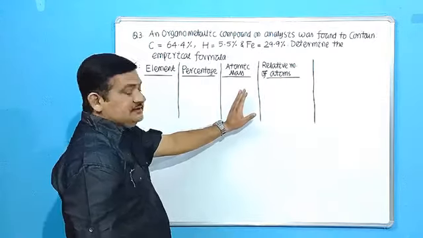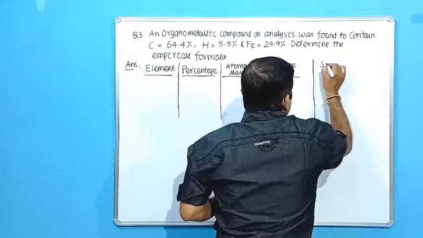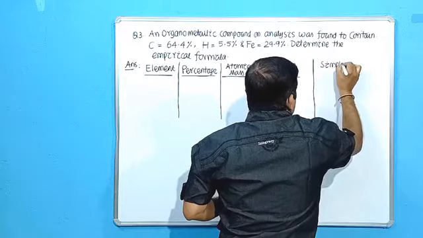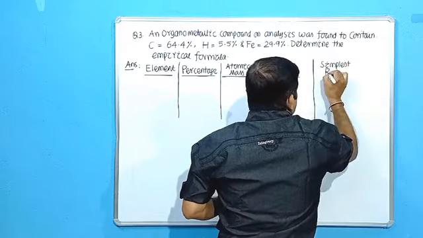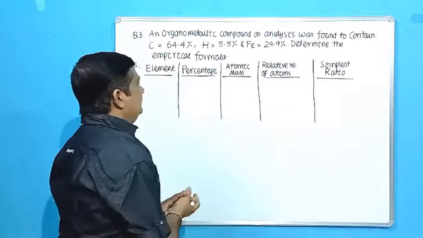That's why the atomic mass column is kept after the percentage column. Then simplest ratio. So we'll make 5 columns like this.